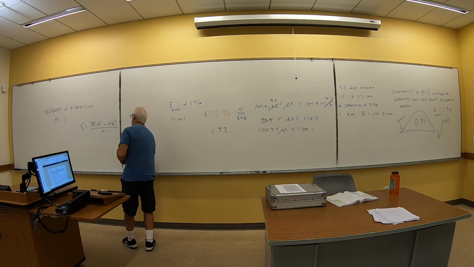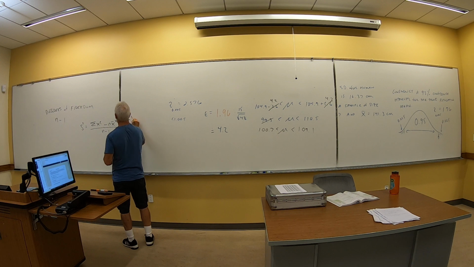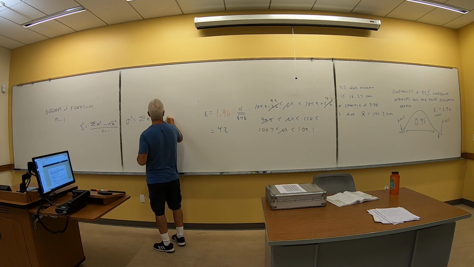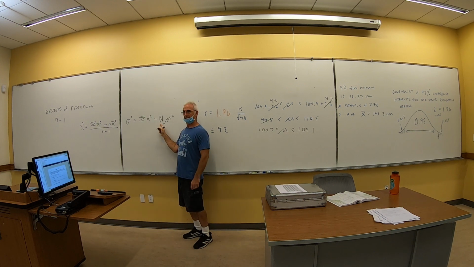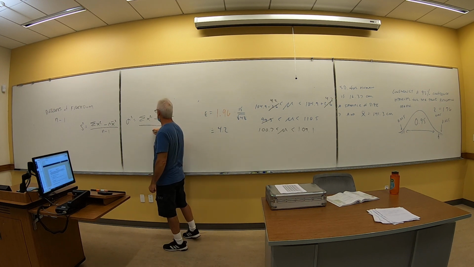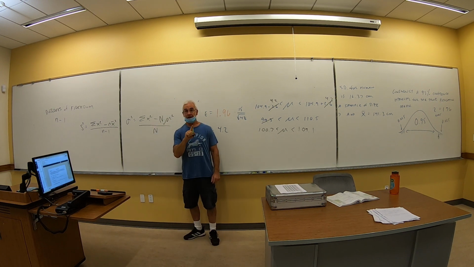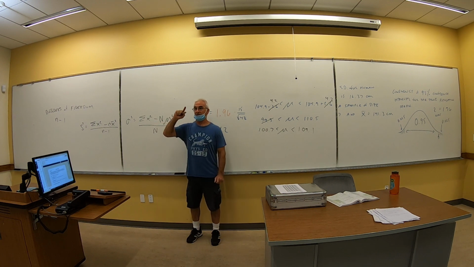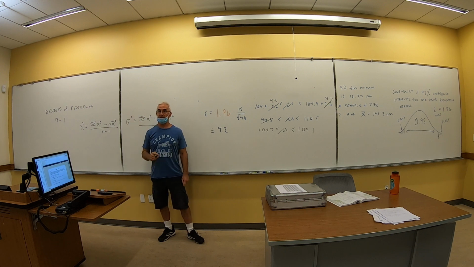But the population variance is the sum of the squared scores minus n times mu squared, which is exactly the same thing, right? The number of people and the mean squared, but divided by what? Just n. In a population, you don't use degrees of freedom. You use everything. In a sample, you always use degrees of freedom in the calculations.